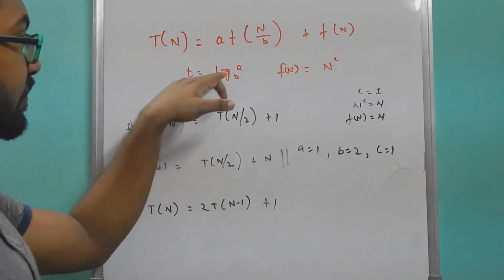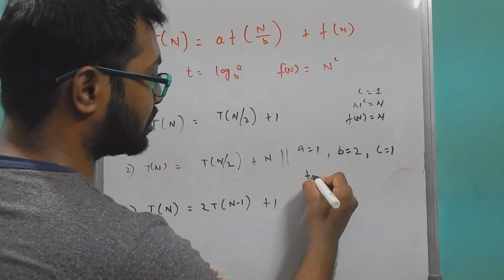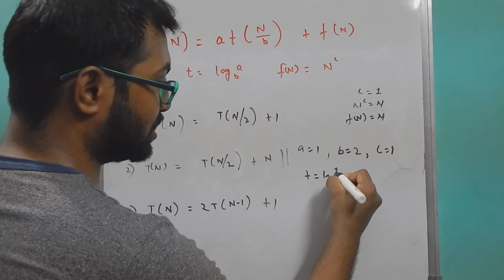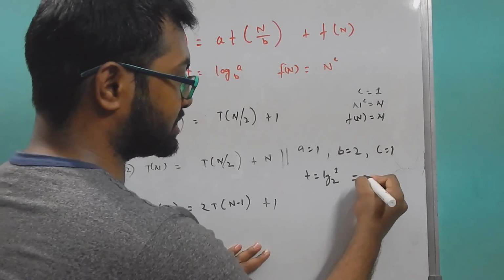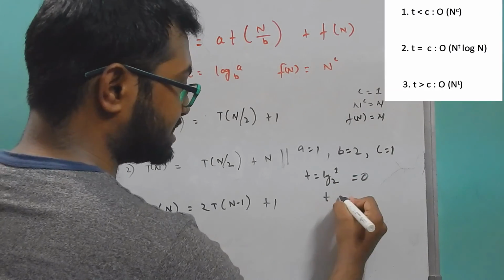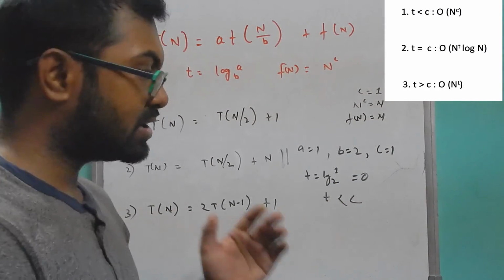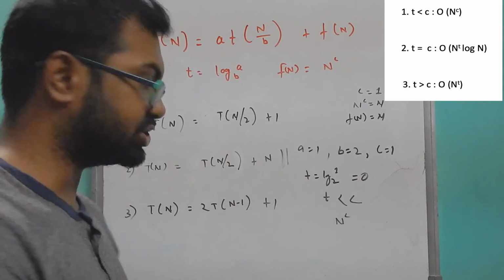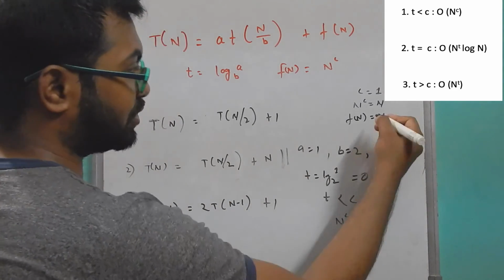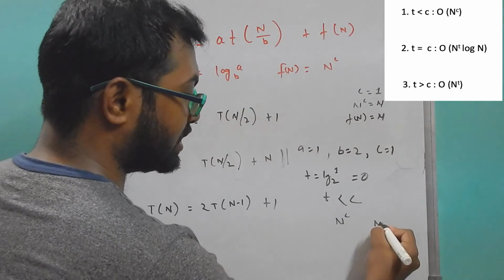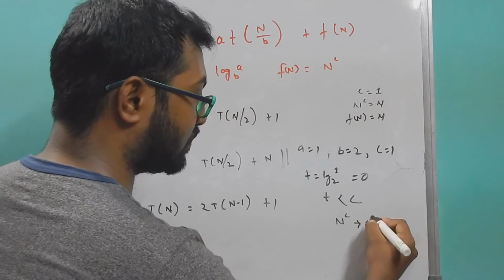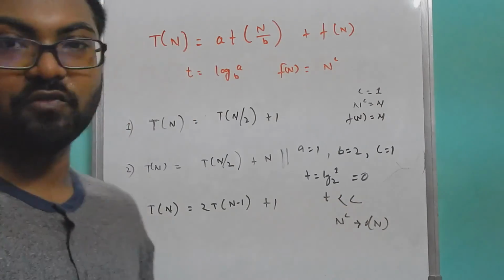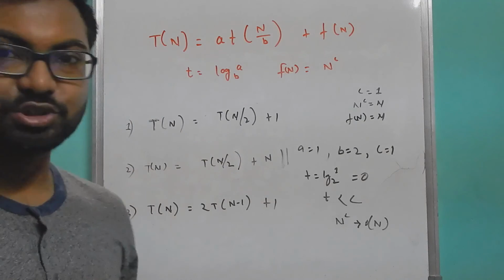Now t is log of a base b, so t is log of 1 base 2, which is again 0. In this case t is less than c, so the time complexity becomes n to the power c as per the first condition, and c is equal to 1, so that becomes big O of n to the power 1 or big O of n. So that's the complexity for the second equation.